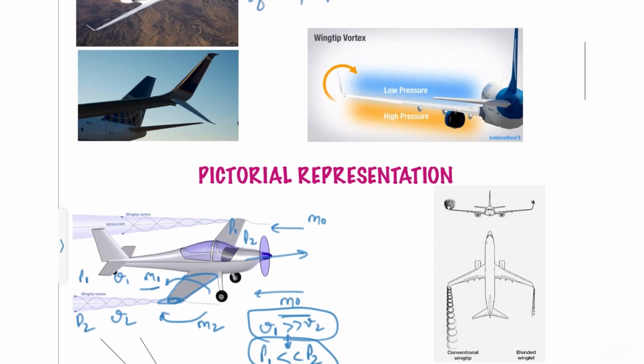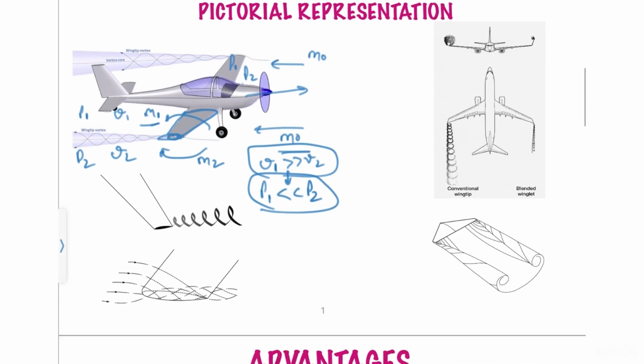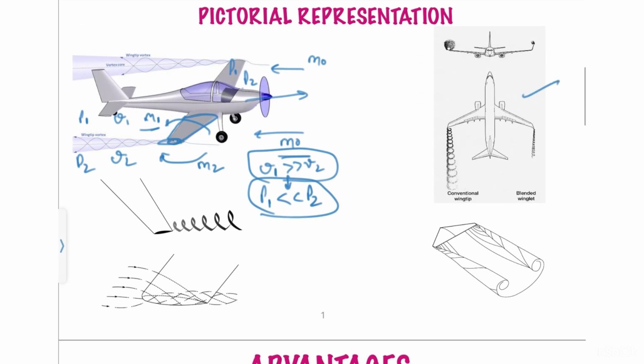And as I've shown in this figure, because of the high pressure at the bottom and low pressure at the top, the air is trying to leak from the side of the wing. There is one wing with a conventional wingtip, with no winglet or wingtip device, and there is a blended winglet at the other end.